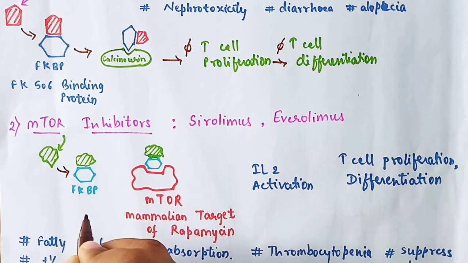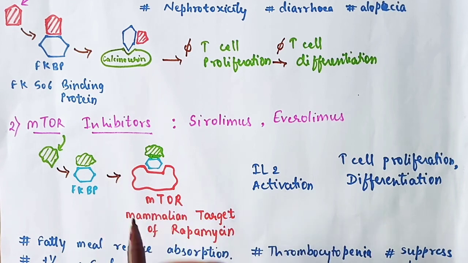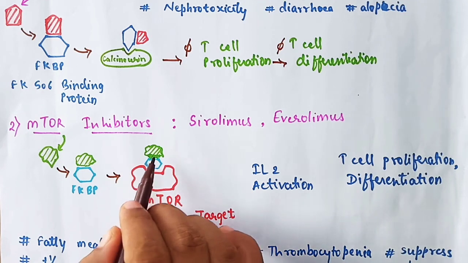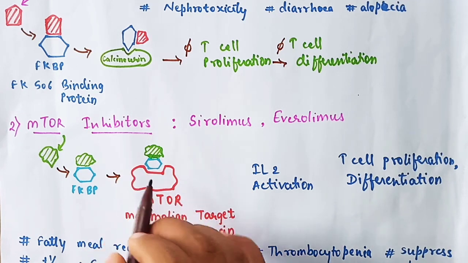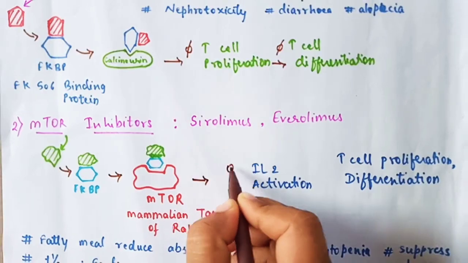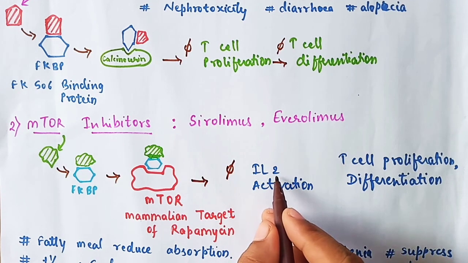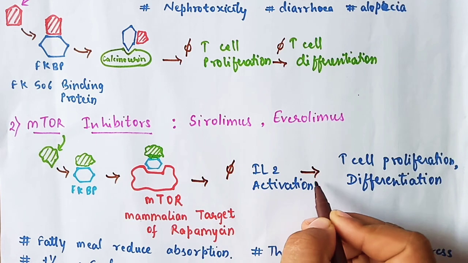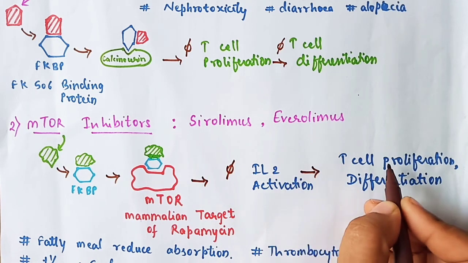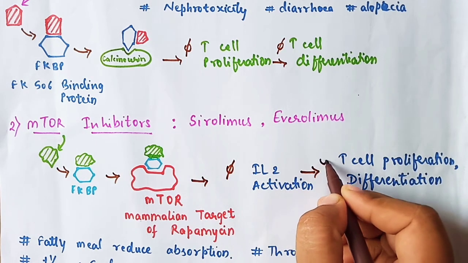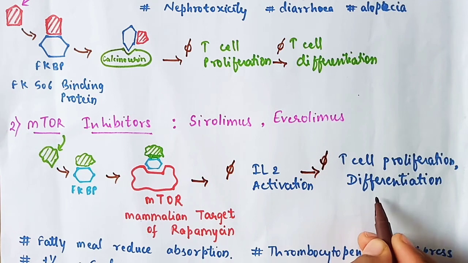When bound to this, they directly act on mTOR, that is mammalian target of rapamycin. This is the receptor on which they bind, and as soon as they bind to it, they cause inhibition of IL-2 activation, that is interleukin-2 is not activated now. Since interleukin-2 is very much required for T cell proliferation, T cell proliferation and differentiation are also stopped.